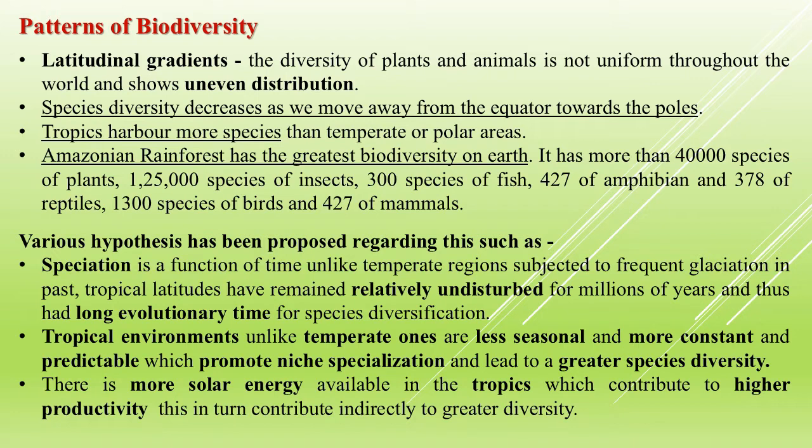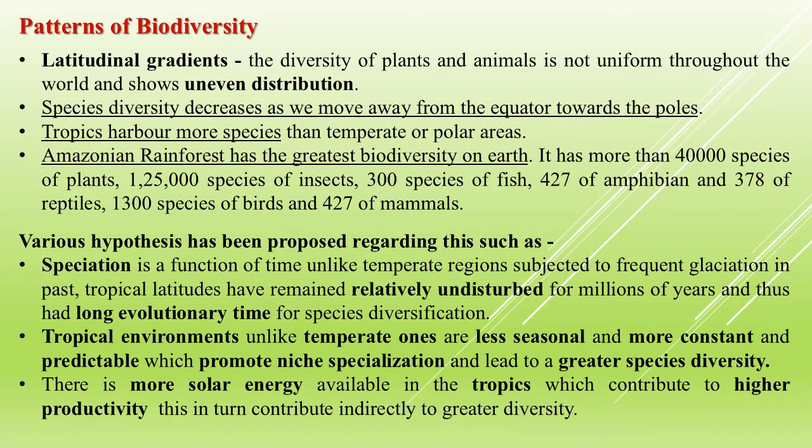For example, the tropical Amazon rainforest present in South America has the greatest biodiversity on earth. It is known as the lung of the earth because maximum oxygen is produced in this area because of the presence of a huge number of trees, the rainforest.